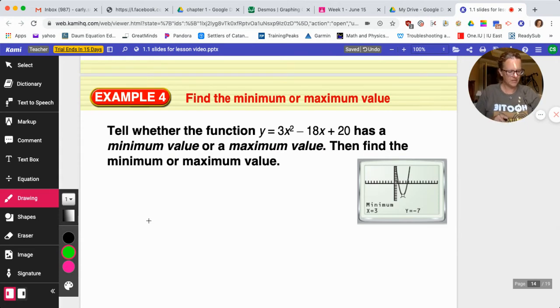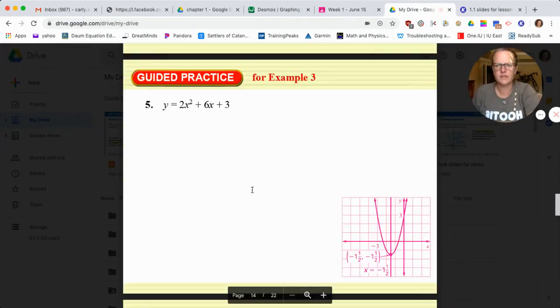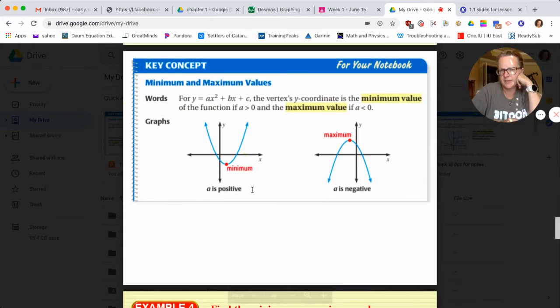All right, I believe in your notes there is another key concept. Let's go ahead and look it over. So here we have minimum and maximum values. So for your equation in standard form, the vertex's y-coordinate is the minimum value if it's a happy parabola, or it's a maximum value if it's a sad parabola. It's just the y value though.